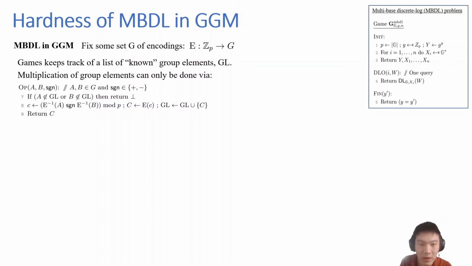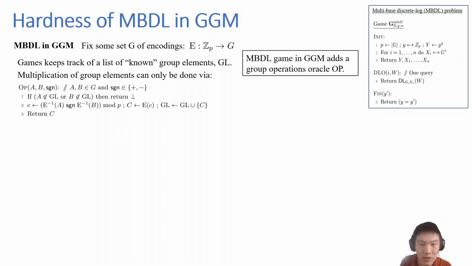The MBDL game stays the same, with the addition that in the generic group model, we add this oracle that does group operations. And we provide a theorem that says that if A is a generic group algorithm making Q OP queries, then the advantage of it breaking MBDL is at most this quantity, which is roughly Q squared over P.